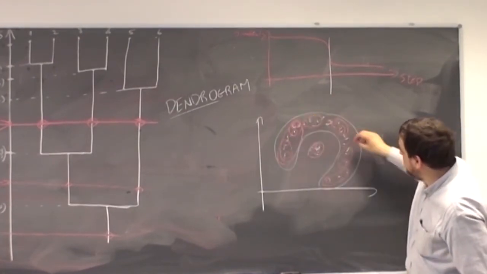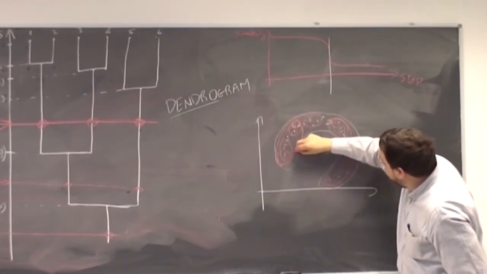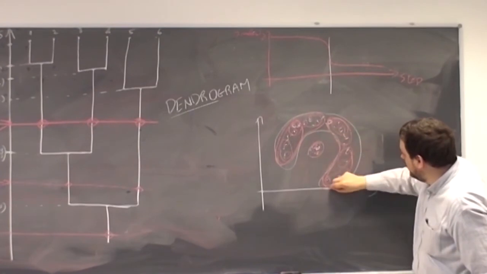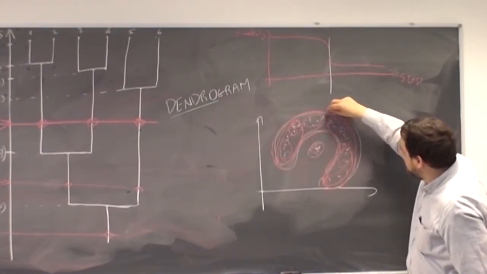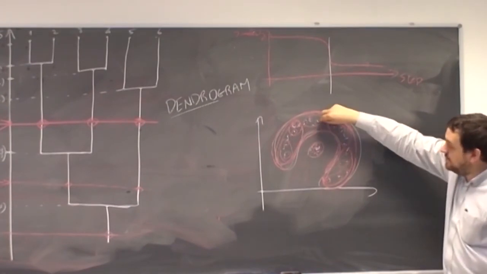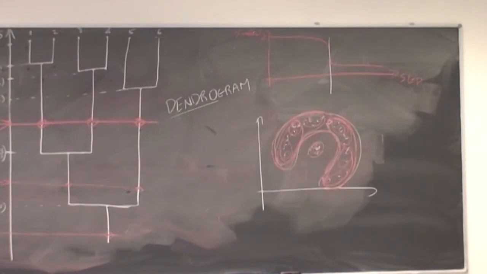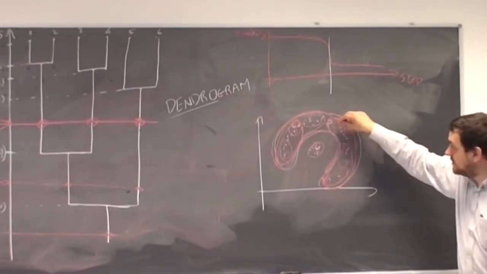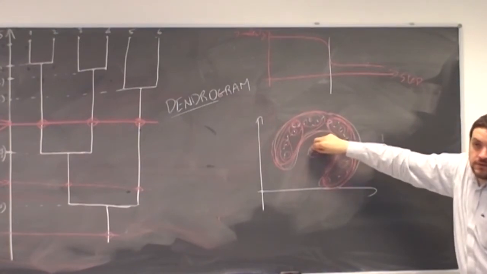So we'll join these, we'll join these, we will join these. Then we will merge together sets based on their closest elements. So the next two final steps will be actually this large horseshoe and this at the center.